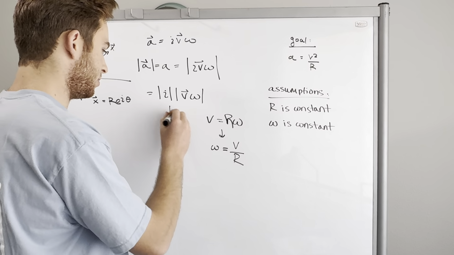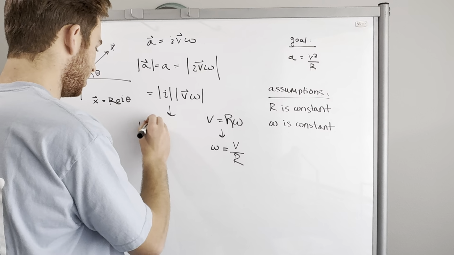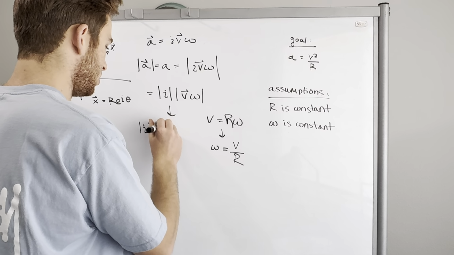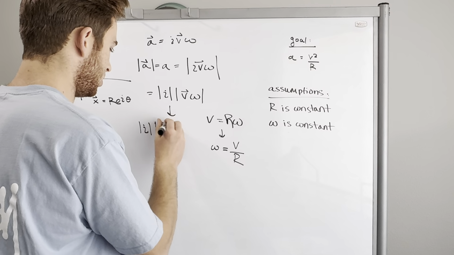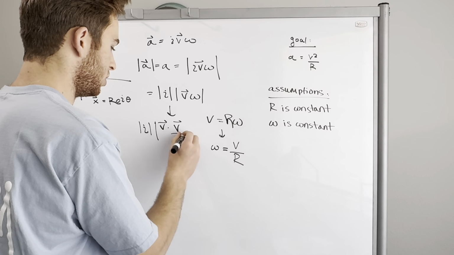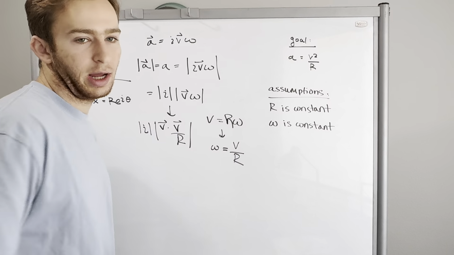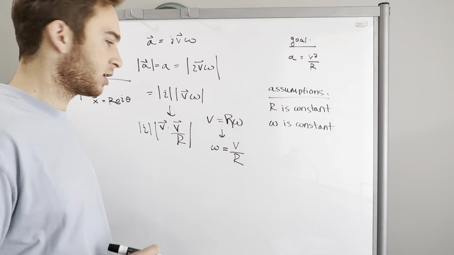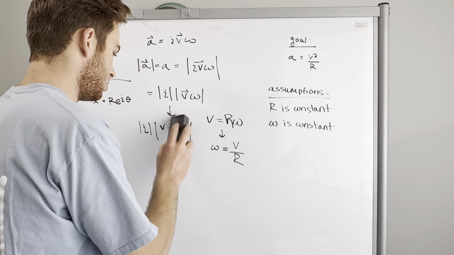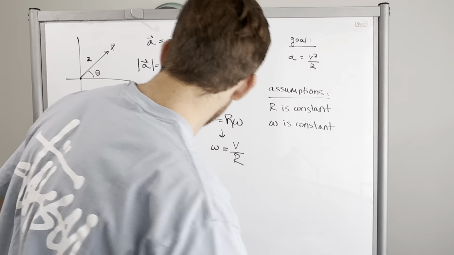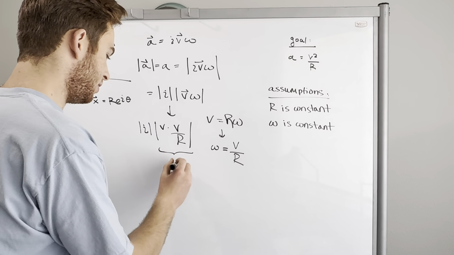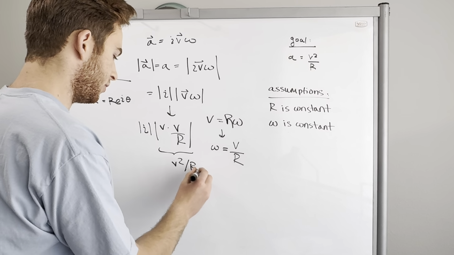So this becomes the magnitude of i times the magnitude of v times v over r. Now, obviously, since I'm taking the magnitude, I can just drop the vector sign on the velocity. And then this right here is just v squared over r.